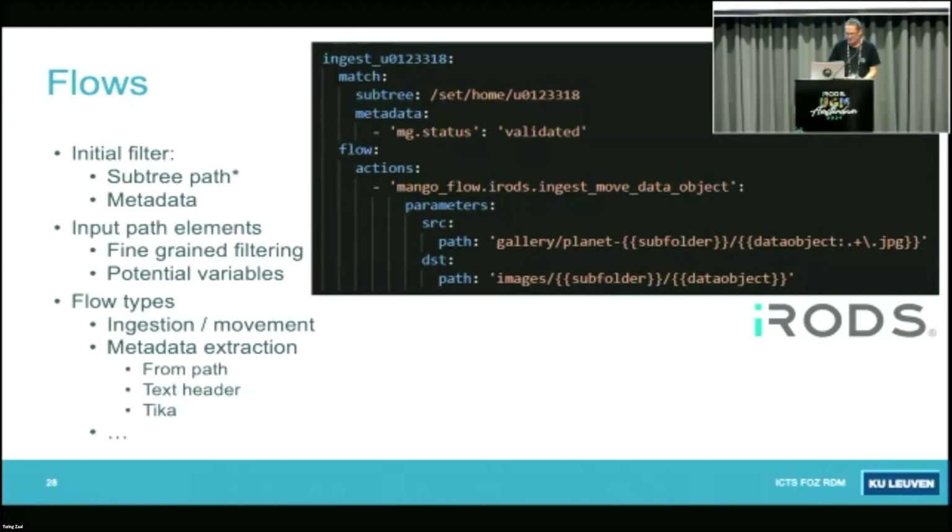Similarly, you can do this kind of trick with variables and metadata extraction from a path, and then store this metadata inside iRODS itself, besides what I presented before using Apache Tika. Okay, that's it. This is just a showdown of what we are currently doing with ManGO and ManGO Portal and ManGO Flow. So thank you for your attention.